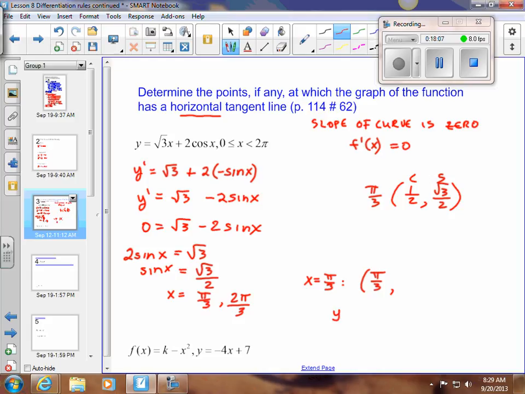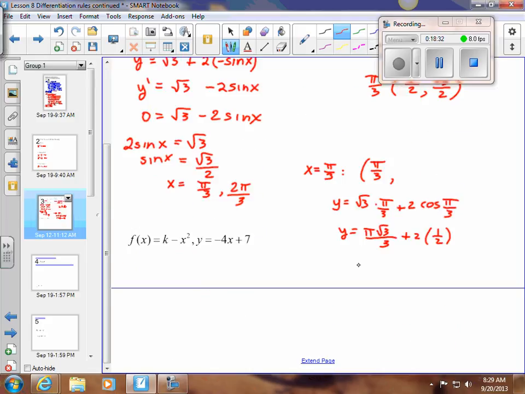So y equals square root of 3 times pi over 3 plus 2 times the cosine of pi over 3. Yuck. I would write that as pi times square root of 3 over 3 plus 2 times 1/2, or pi times square root of 3 over 3 plus 1.